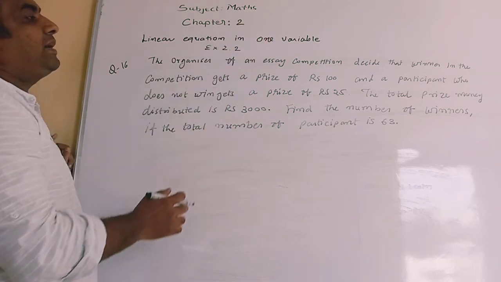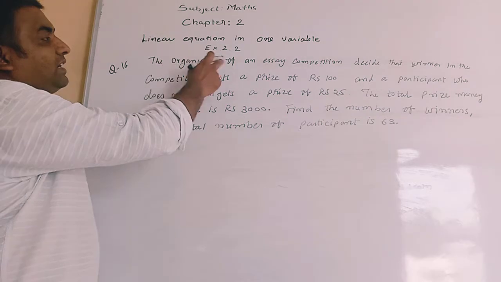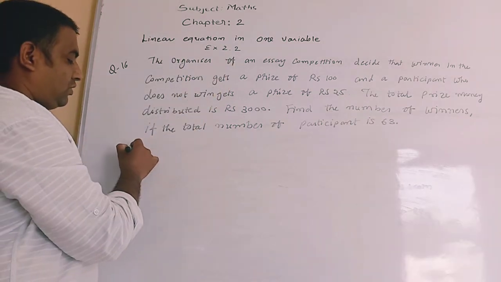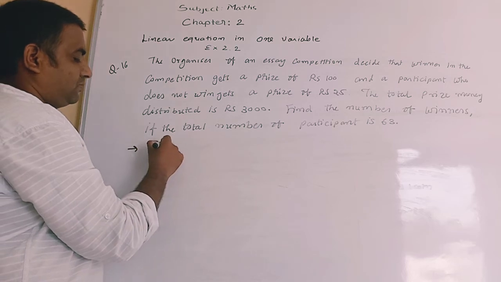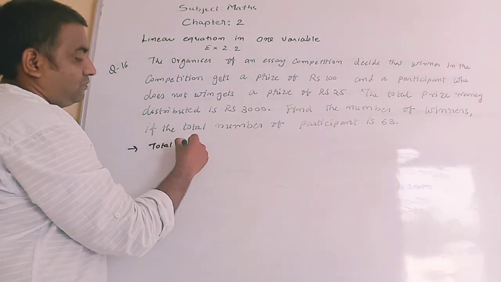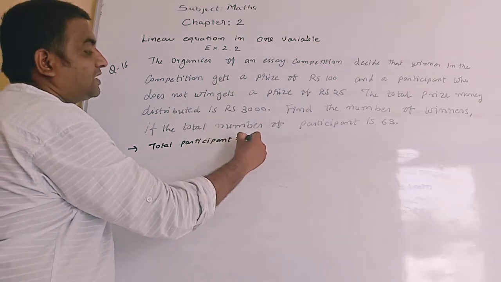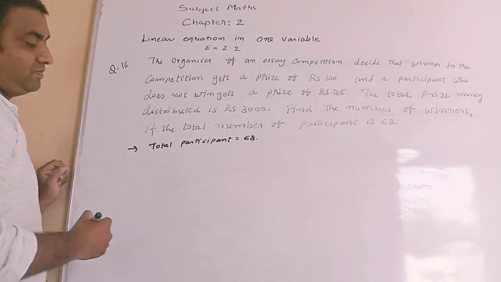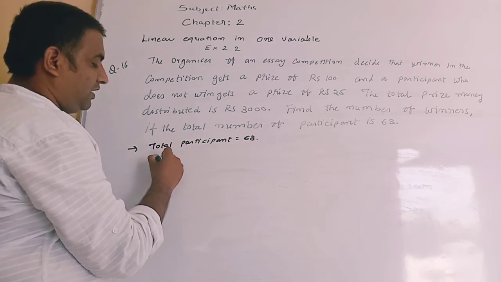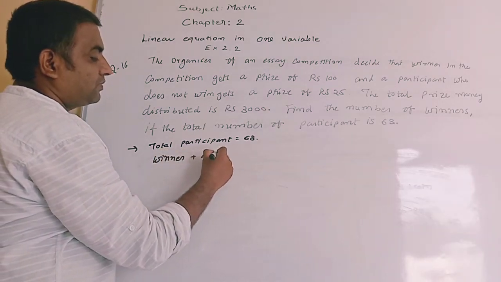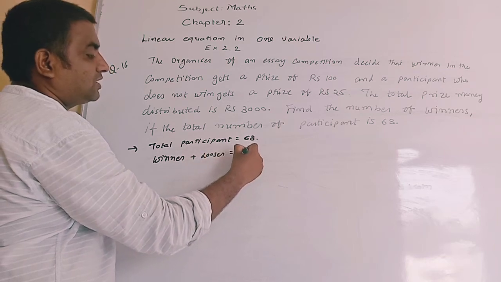So here the organizer has kept two types of prizes in the essay competition, and the total number of participants is 63. That means winners plus losers equals 63.